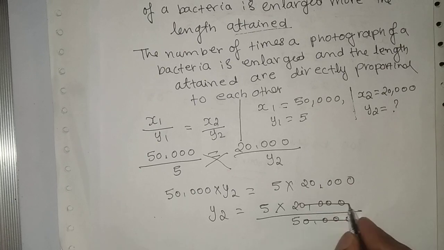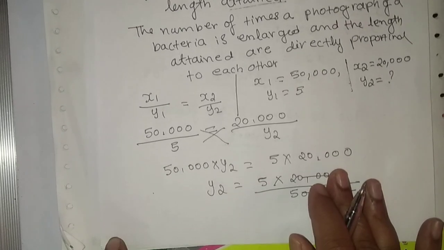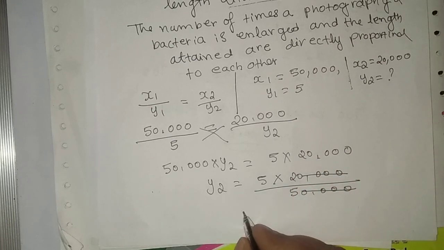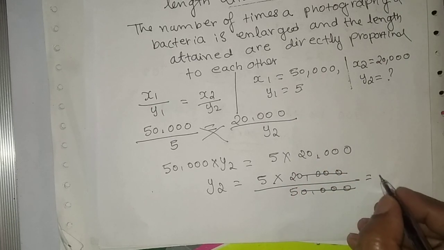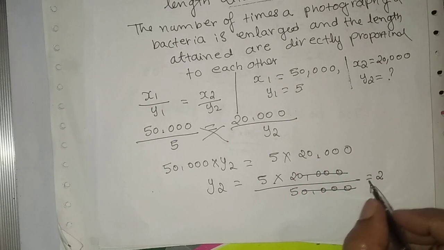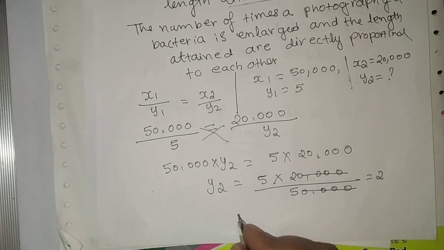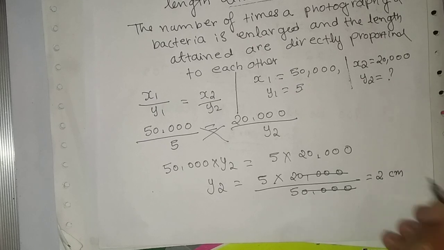Cancel this, and we get 2 into 20,000 by 50,000, so the answer is 2 centimeters.